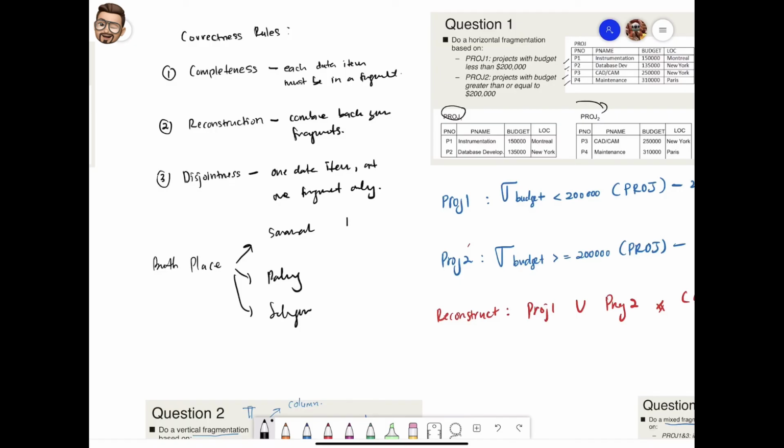So if you are born in Sarawak, you cannot appear in the Pahang fragment anymore because it is illogical for you to be born at 2 different places, right? Okay, so that's what we call disjointness. If you appear in data item 1, you cannot appear in data item 2. This one is not applied to the primary key for vertical fragmentation. Okay, so these are the correctness rules to make sure that your fragmentation is correct.